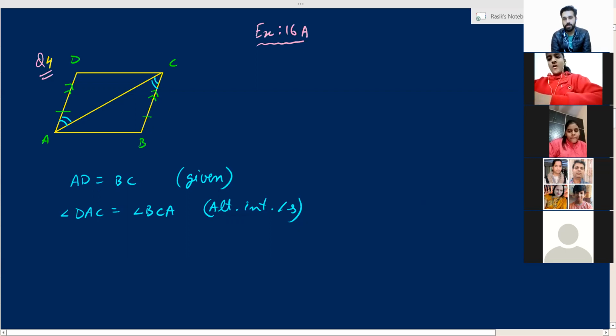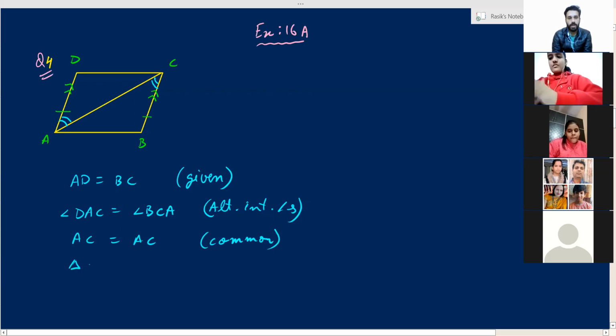This was given in the question that these two lines are parallel. AD is parallel to BC, so we can say that angle DAC is equal to angle BCA. We have studied this in the chapter properties of parallel lines. So these are equal angles, and the third thing is that side AC is equal to AC. AC is the common side in both the triangles.